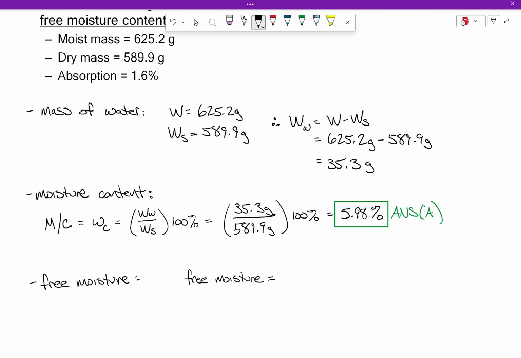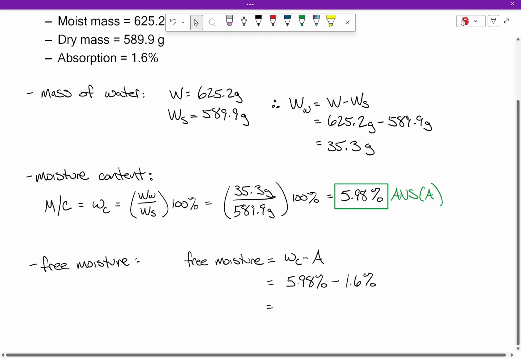We would take WC and then do what? Subtract A from it, right? Because that's what absorption is, right? So this is going to be 5.98% minus 1.6%. And what is that? 4.38.